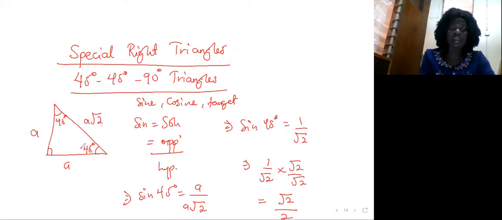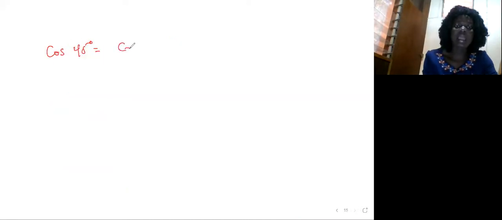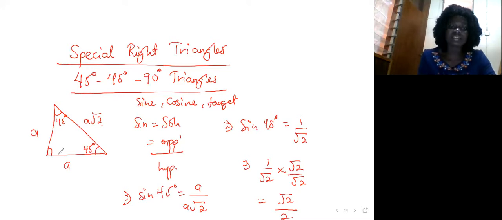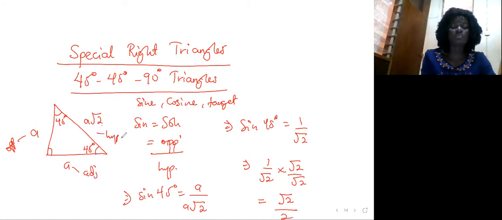Then we come to cos 45 degrees. So looking at our diagram, cos is what? Cos means adjacent over the hypotenuse, okay? Looking at our diagram, where is the adjacent? If you are picking 45 from this side, let's pick it from this side: this will be the opposite, this will be the adjacent, and this will be the hypotenuse, okay?